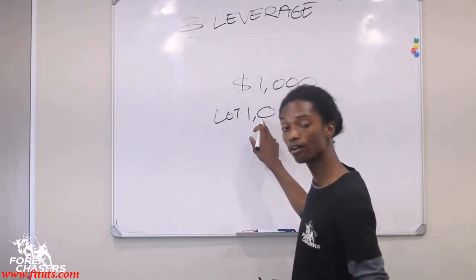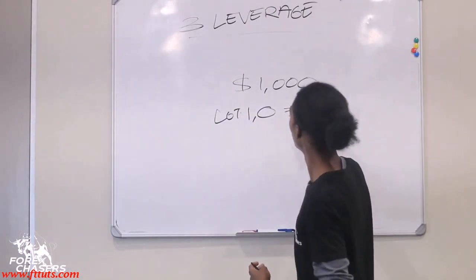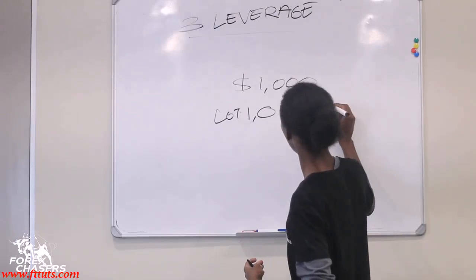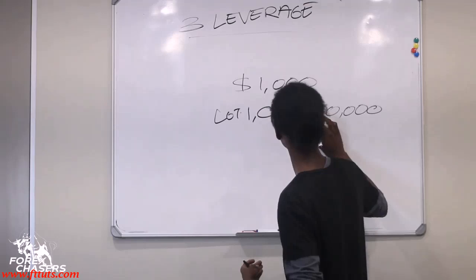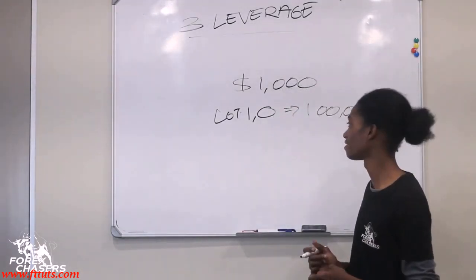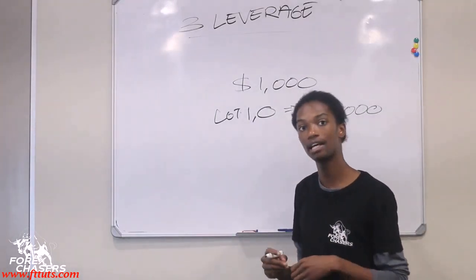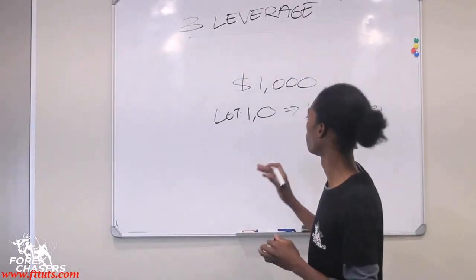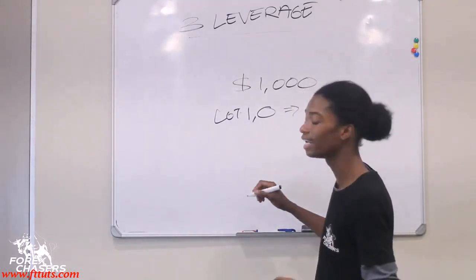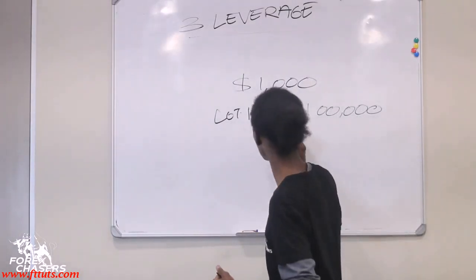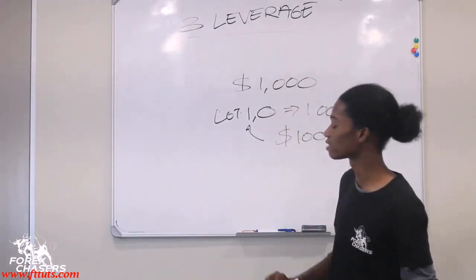And that one full standard lot equates to 100,000 units of currency. Now, based on the calculations that I showed you guys on how to calculate our margin, let's say that our broker requires us to put down a margin of, for example, $1,000 to be able to open one full standard lot.